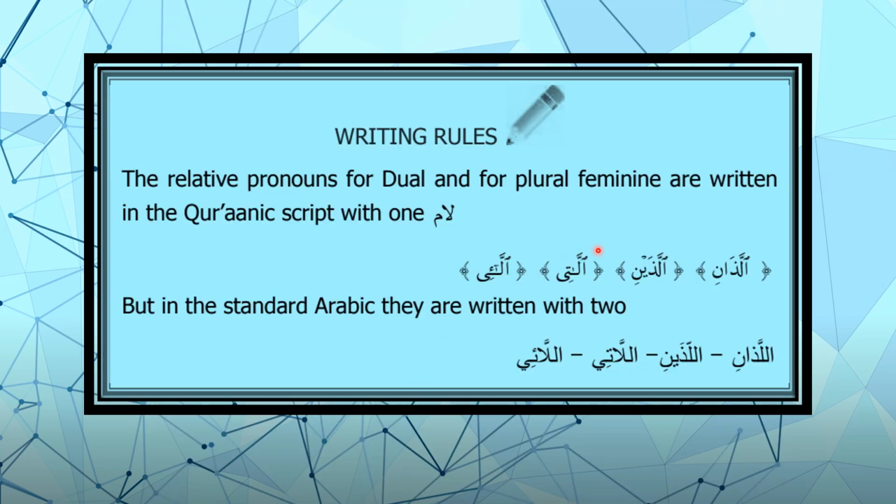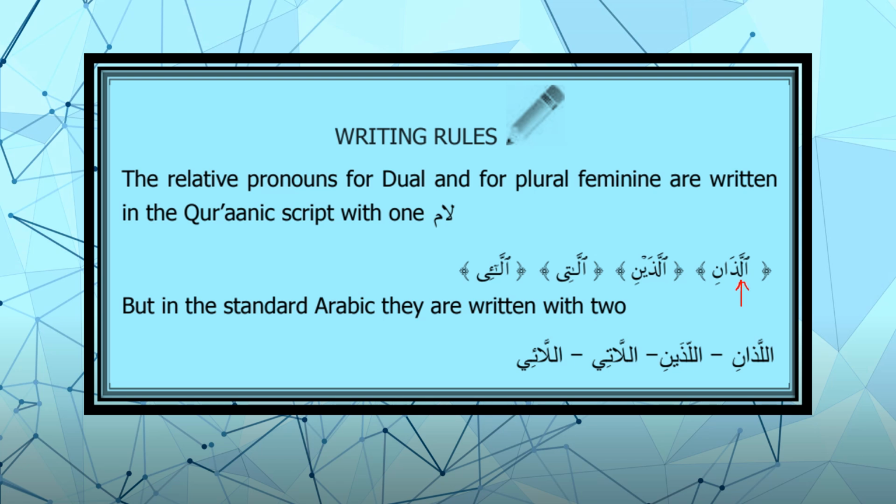Let's check the writing rules, because the Uthmani script is written differently, and in standard Arabic books you can see it differently. Here in the Quranic script, it's written with one lam. As you can see, there is the Hamzatul Wasl and the lam with the shadda.